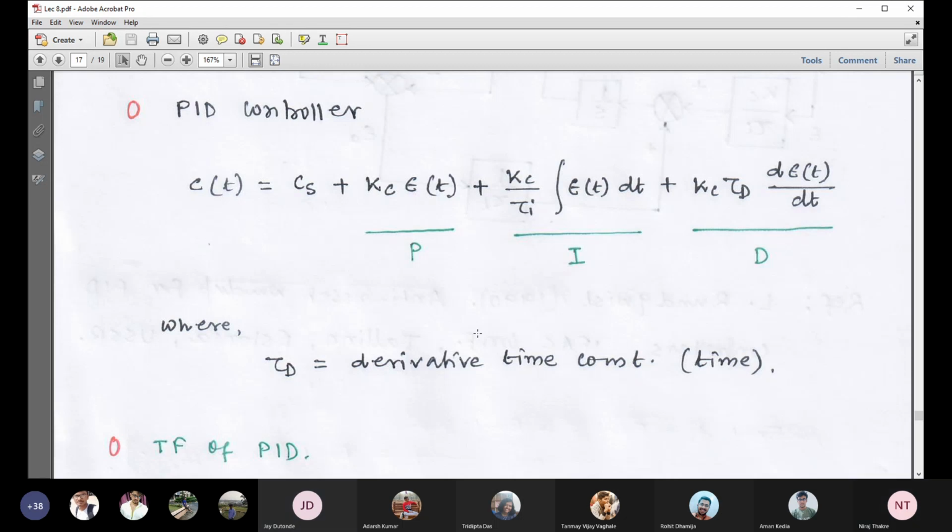Anyone else got? Gandhi Bhagavati 30006. Are you there? Got transfer function? You are not audible. You just, yeah, tell yes or no. Oh, it's not coming.